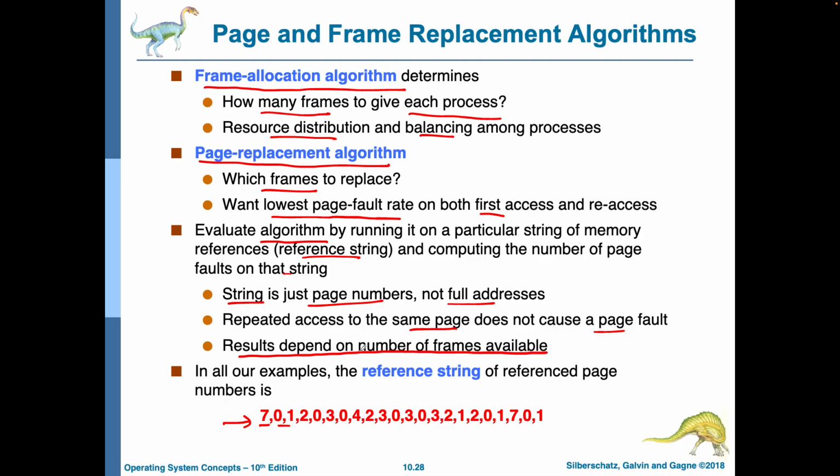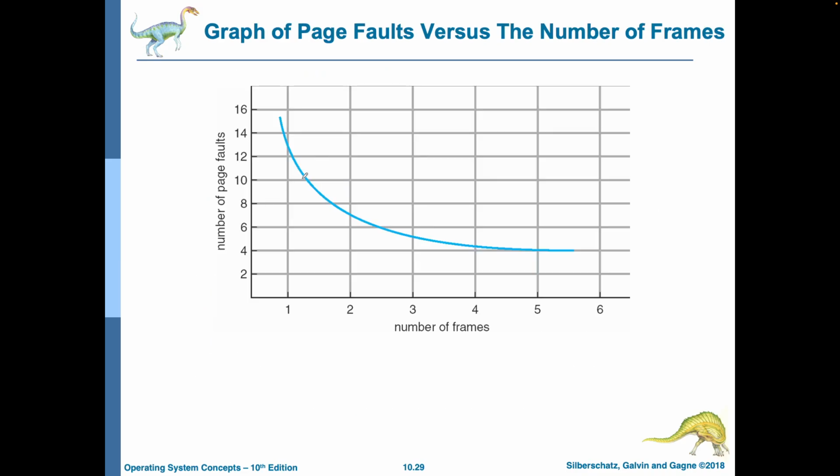To our common sense, if we have more frames available, then we will have fewer page faults. However, something interesting happens. This is our normal expectation: if we have more frames available, for each process or the entire computing system, the number of page faults should decrease.